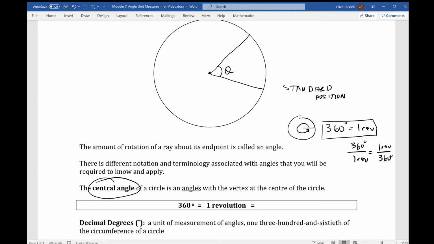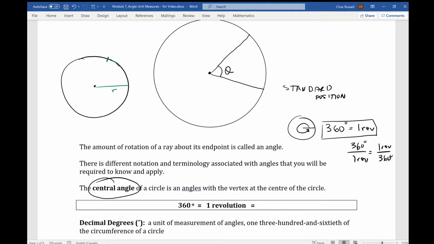So what is a radian? Let me go over here and show you what a radian is. If I have a circle, the circle has a particular radius. So that's the radius right there. Now, if I were to mark the radius off on the circumference, that's an arc.